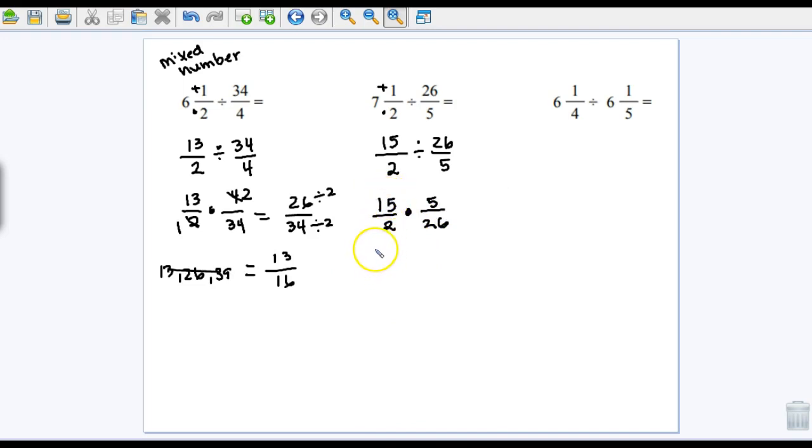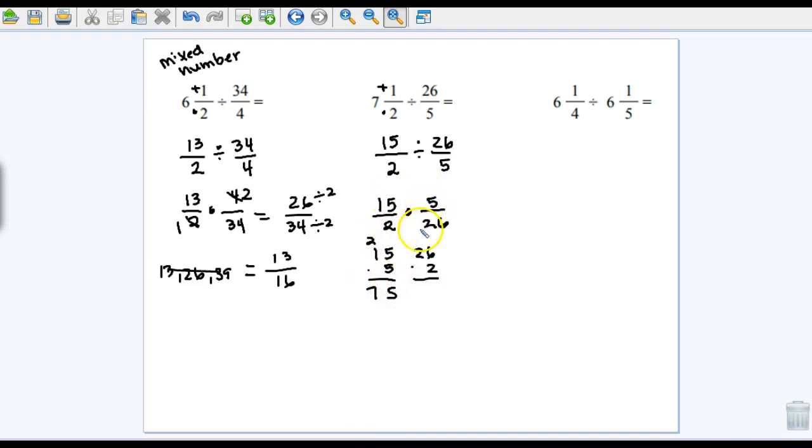So I'm going to do it down here. 15 times 26. And then my second problem is going, oops, I'm sorry, I did that wrong, didn't I? 15 times 5, I've got to multiply straight across, and then 26 times 2. 5 times 5 is 25, carry my 2, 5 times 1 is 5, plus 2 is 7.